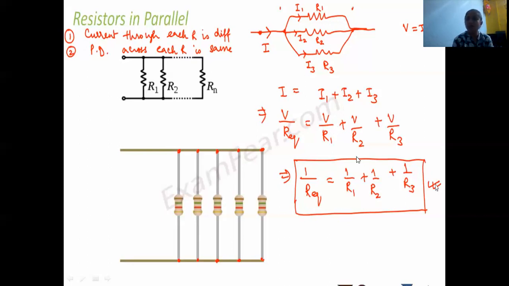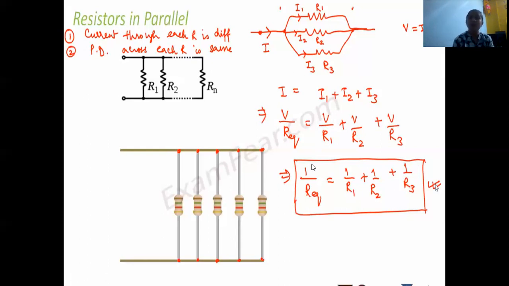I2 is V divided by R2 plus I3 is V divided by R3. So when we take V common, V and V will get cancelled. So what is remaining here? 1 by R equivalent equals to 1 by R1 plus 1 by R2 plus 1 by R3. So here we got the mathematical expression for resistors in parallel.